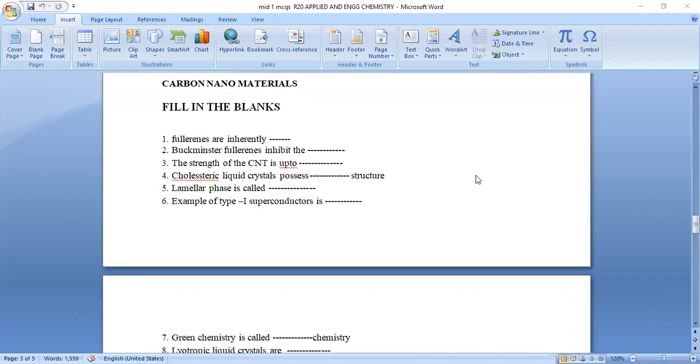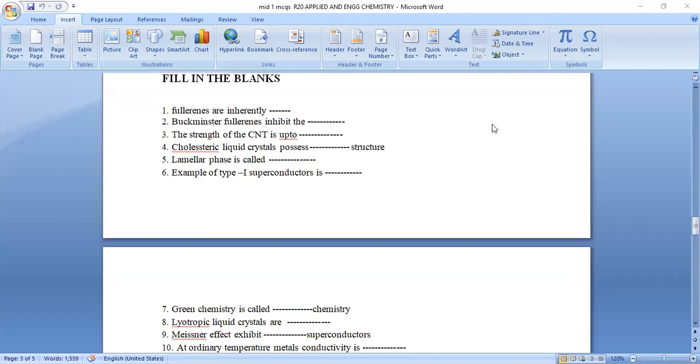Today I would like to discuss some of the objectives from unit number 3, advanced materials. Here I'm back to discuss what is known as fullerene. I will tell you what fullerenes are. When we are discussing carbon nanomaterials, there are three classifications: one dimensional, two dimensional, and three dimensional.